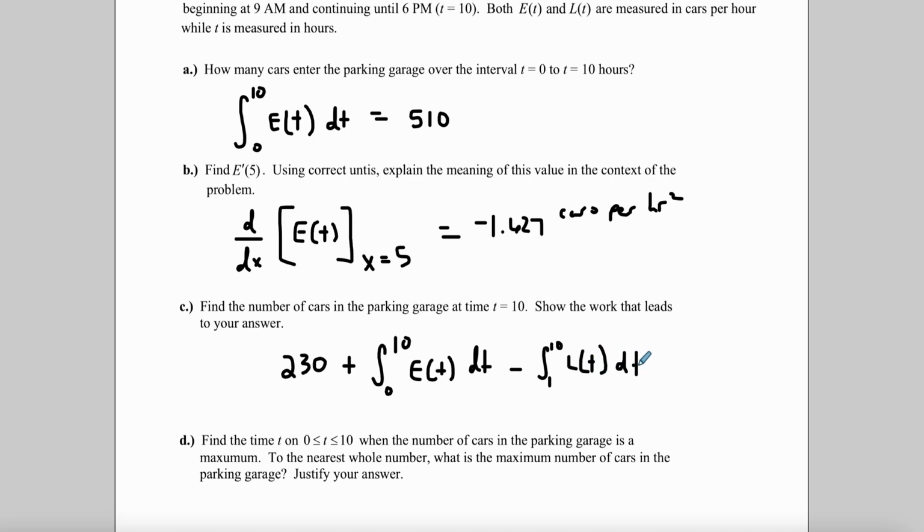Now if I plug these all in, I've got my 230. I already found this to be 510, and the math 9 on this one ends up being about 75. So add, subtract, we're at a grand total of about 665 cars.